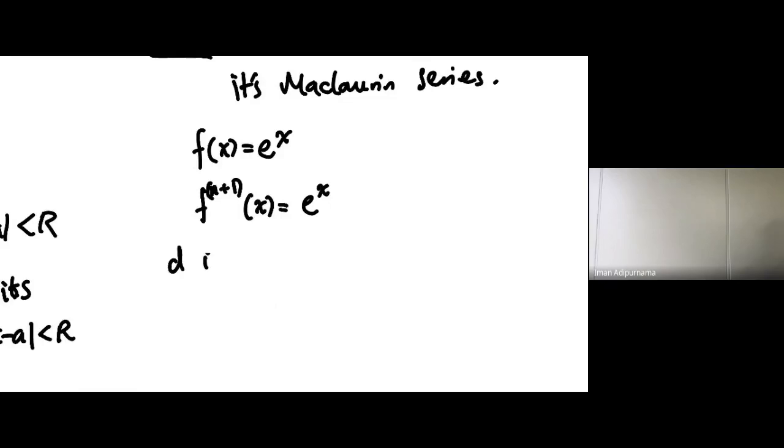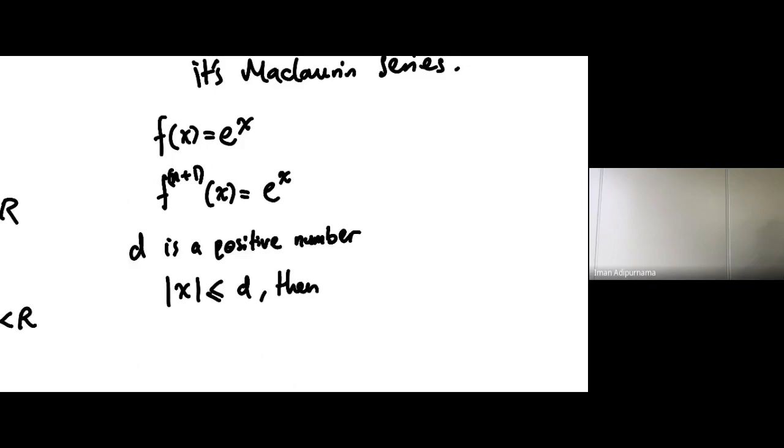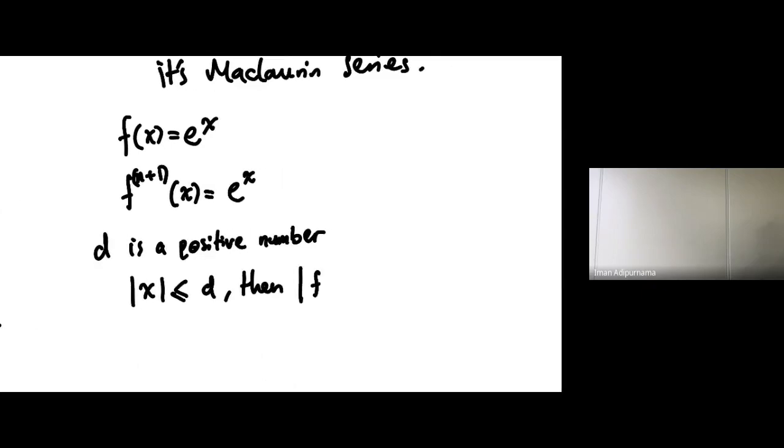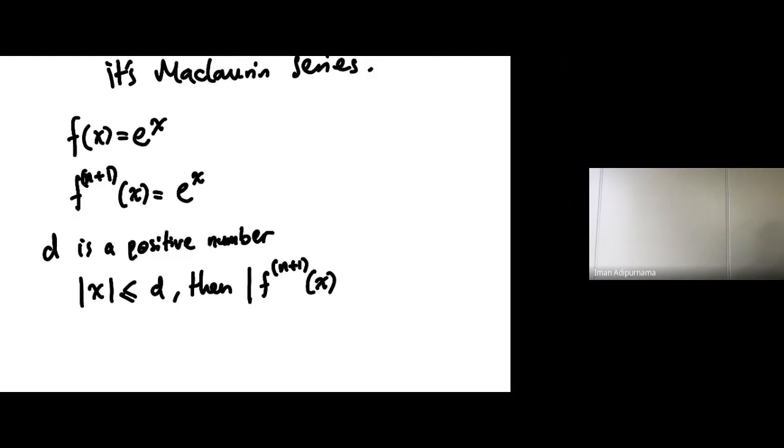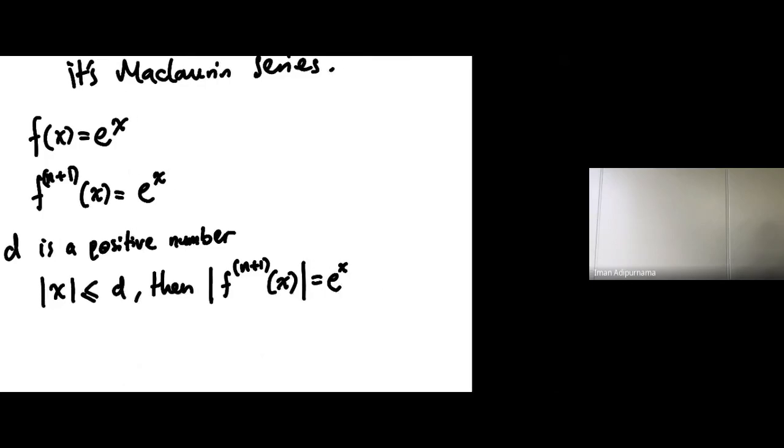And if d is a positive number, and because it's Maclaurin, so a is 0. So this should be true. And then f^(n+1)(x) is equal to e to the x, and this should be less than e to the d.